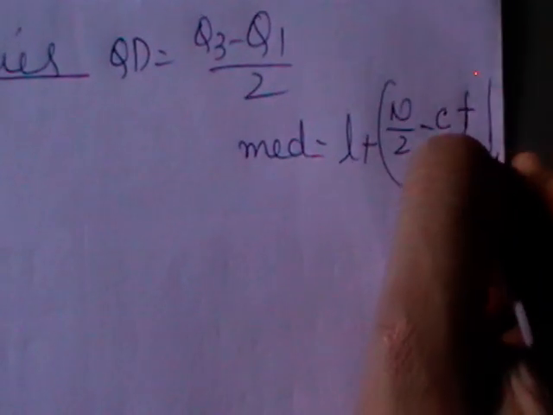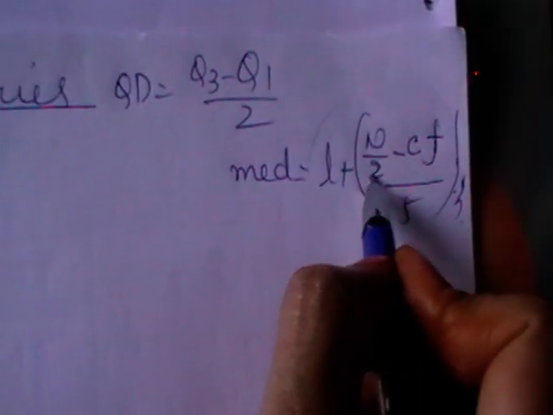What is the formula for median? Do you remember? L plus n by 2 minus CF by F into H. This is the formula for median. As I said, median and quartiles are similar. For Q1, everything is the same.